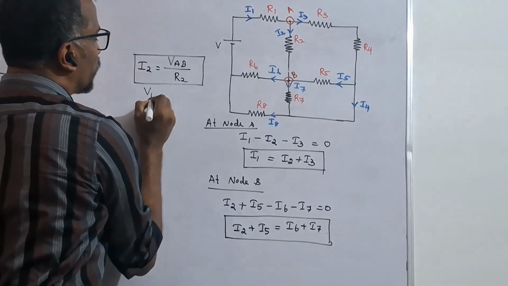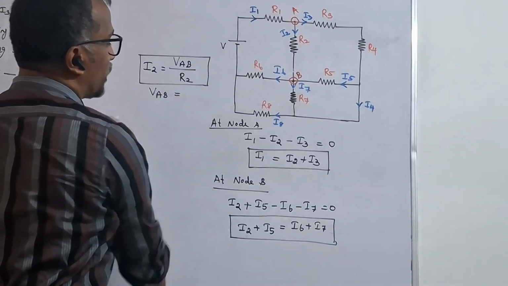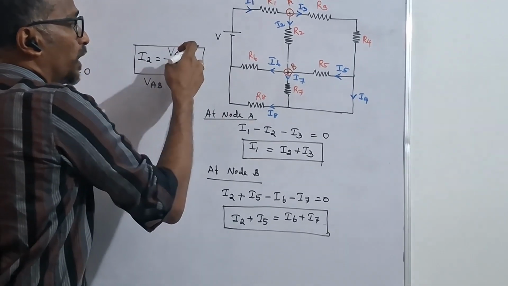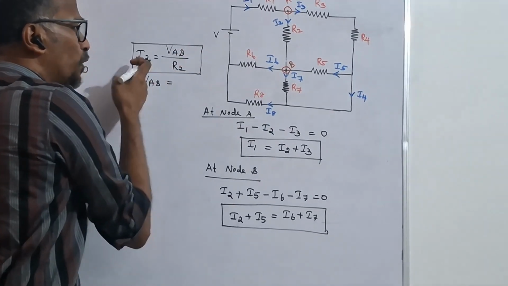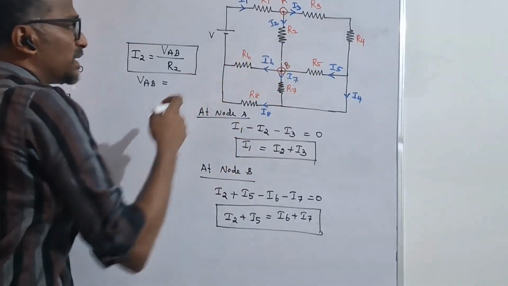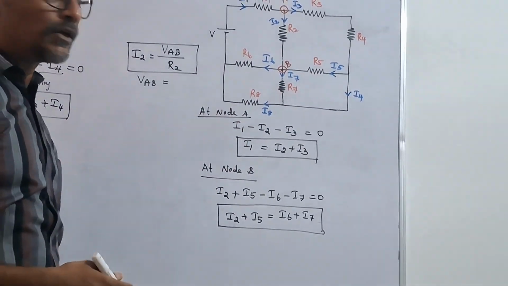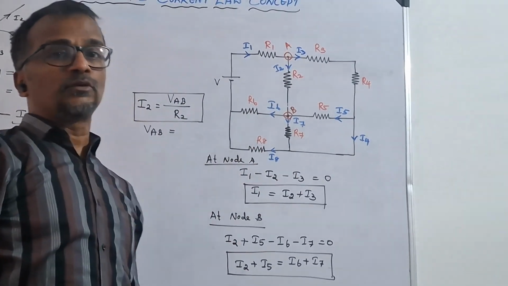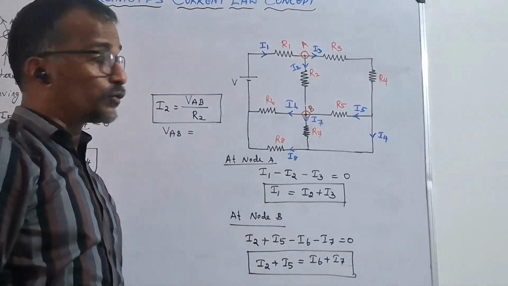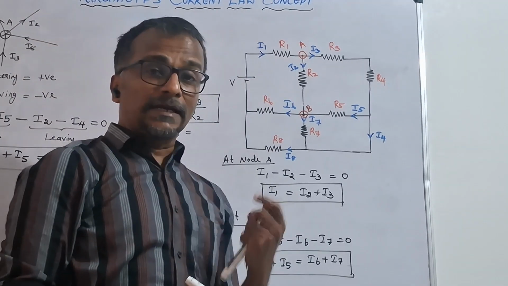From this we can also find out the value of VAB. Even vice versa, if you want to know I2, you can use this. Otherwise, if you already know I2, you can use this. Similarly, in all branches, you can substitute and find out the voltage across each node, and finally end up with the calculation of the power, etc. So this is the main application of Kirchhoff current law.